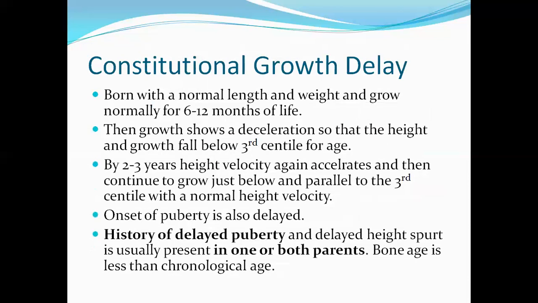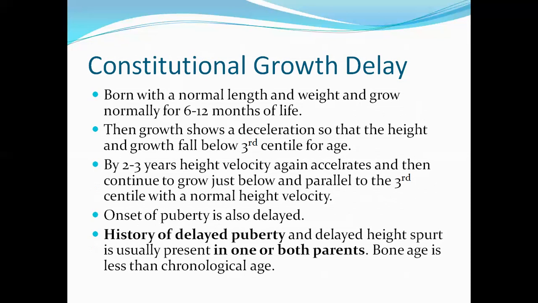Now second is constitutional growth delay. These babies are born with a normal length and weight. They grow normally up to 6 to 12 months of age, but then the growth shows a deceleration so that the height falls below the third centile for age.